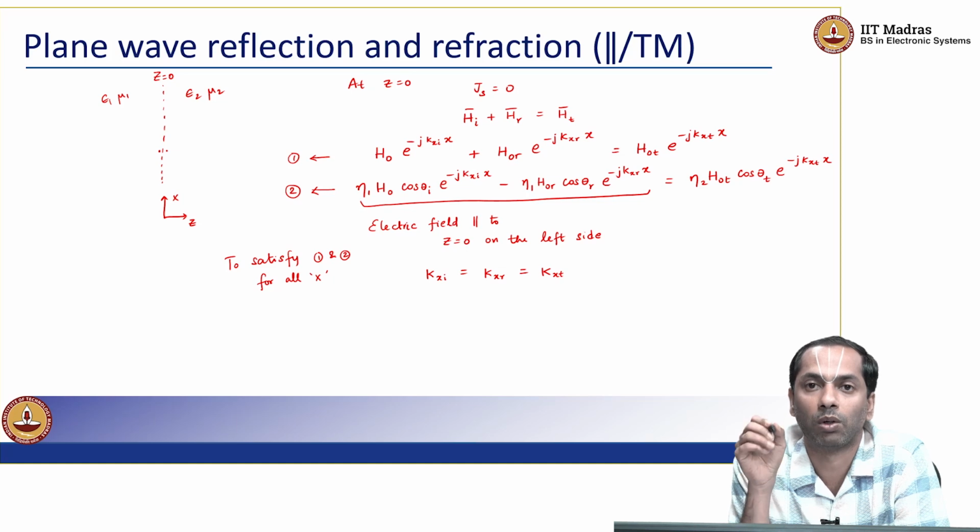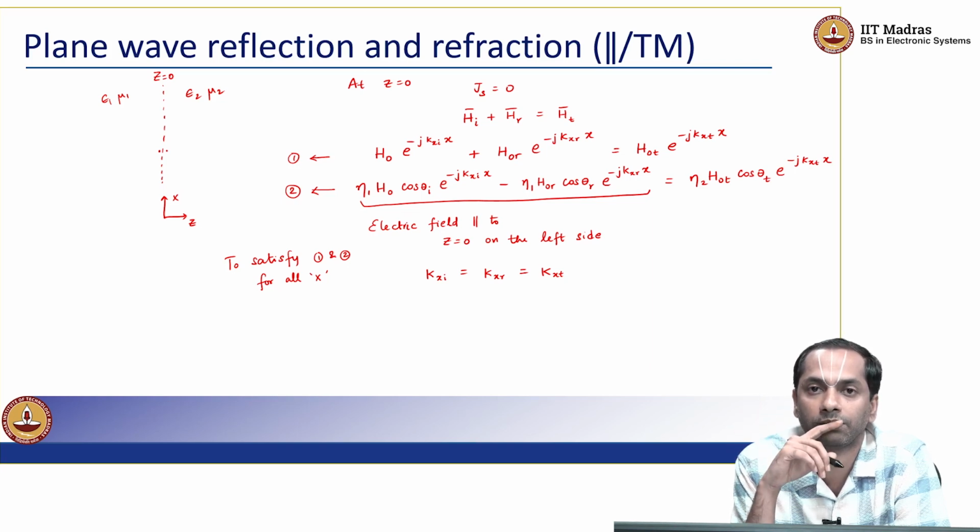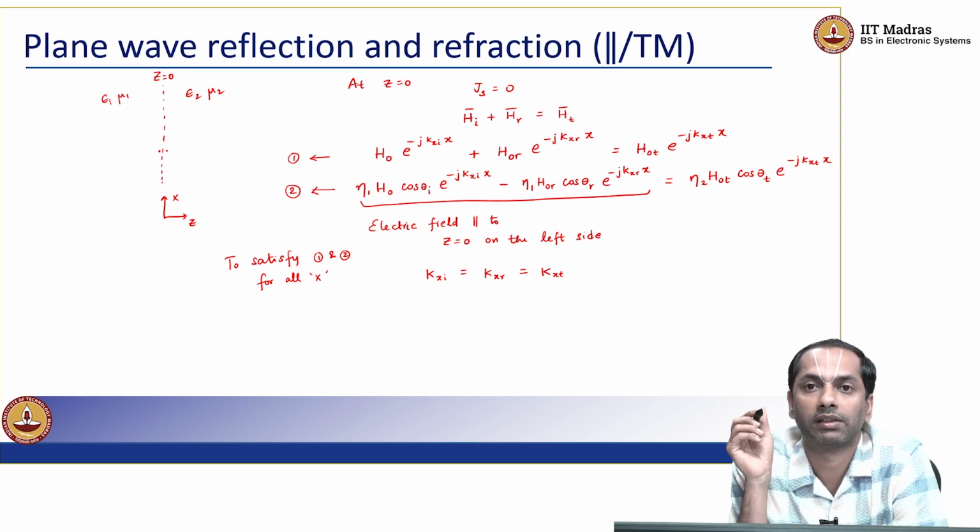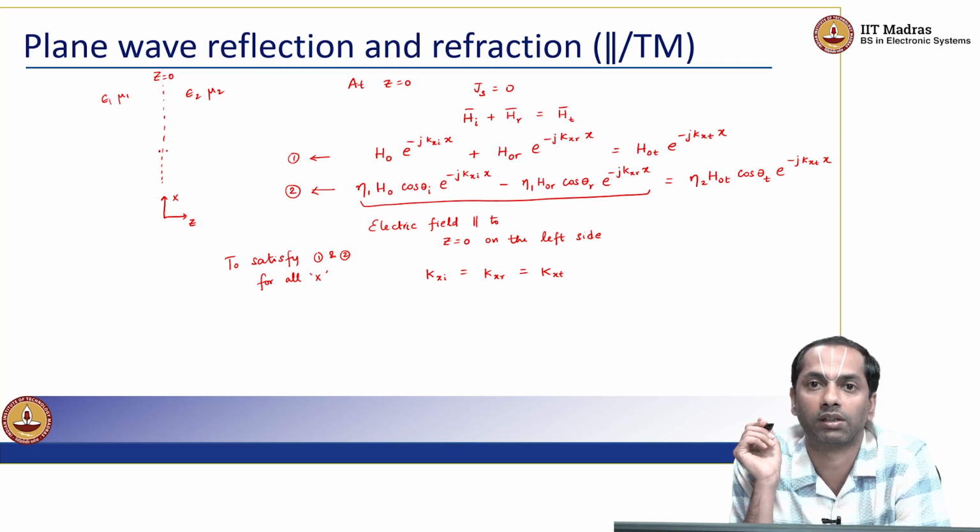So, remember that this boundary condition is met all along the boundary, whether it is x equals 0, minus 1, plus 1, whatever it is. So, what happens when kxi equals kxr equals kxt? The exponentials cancel off, so that we do not have to worry about them at all. That is the only way in which we can actually find a reasonable solution for H0r and H0t.